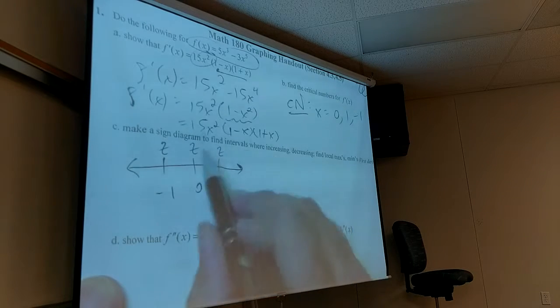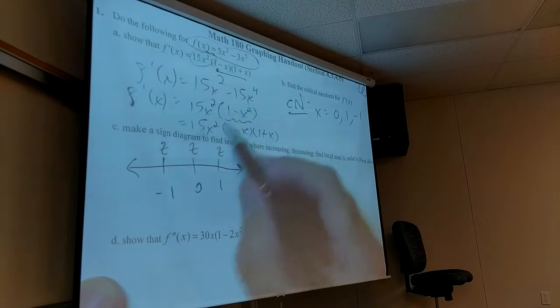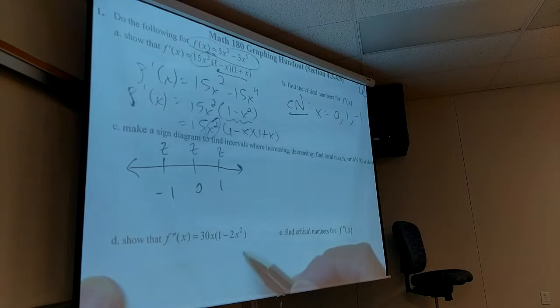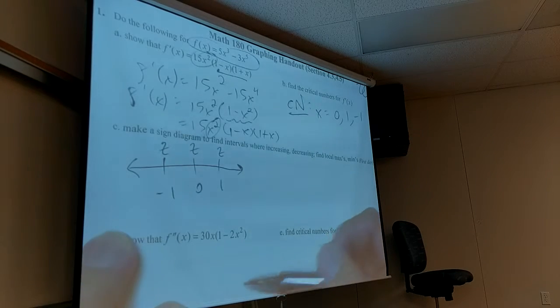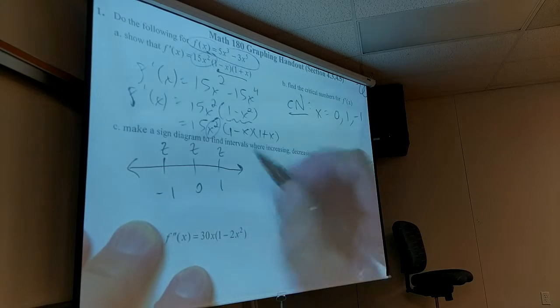And what's the only one of these roots that it's going to stay the same sign on both sides? 0, because it comes from an even multiplicity. You don't have to use multiplicity at all if for some reason you hate it. I don't know why you would. It makes it so much quicker.